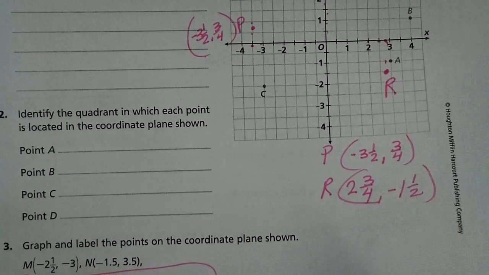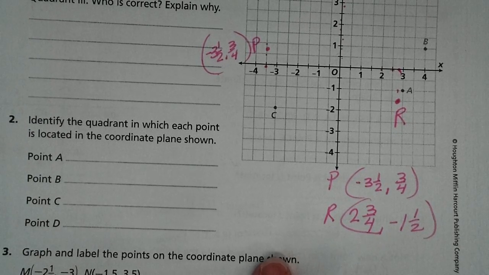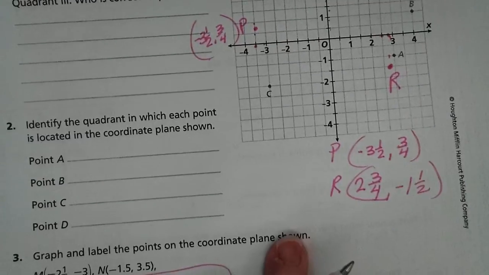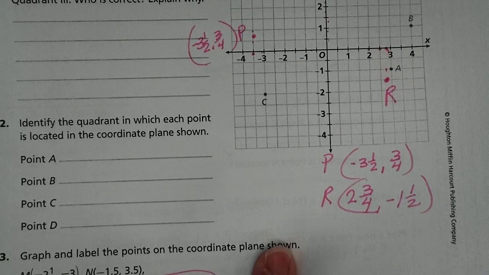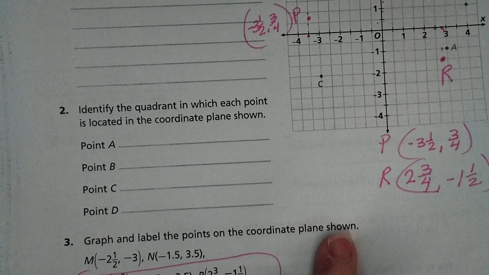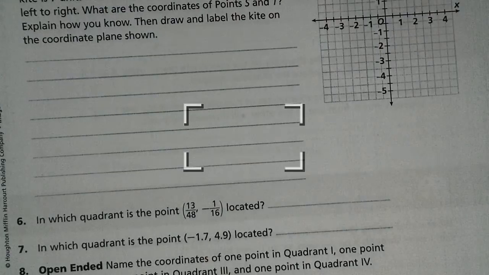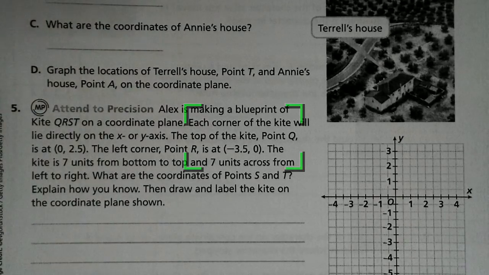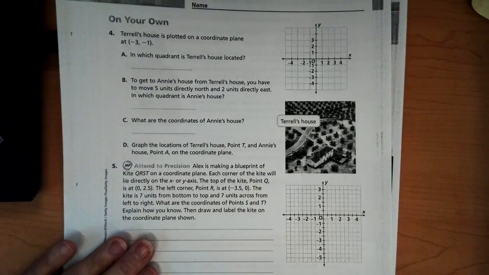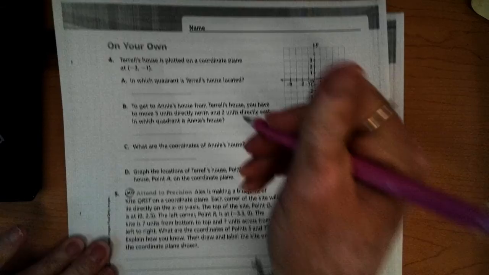All right. So we only have about 8 minutes left in class. So I'm not going to have you do the entire on your own. Now, I know if you do it in INTOMATH, it's going to make you do the whole thing. So on the last, like 5 problems, you can just kind of guess, okay? So you are going to do problems 4. So if you're doing it on paper, it's 4 through 7, okay?